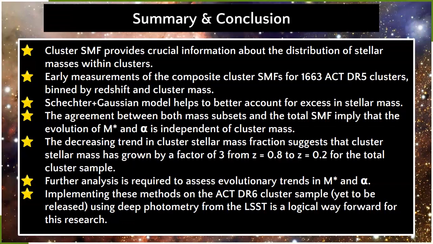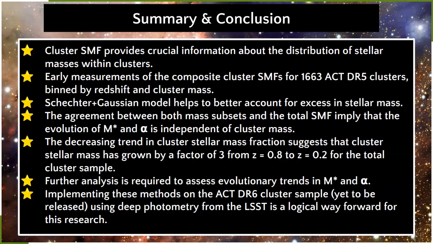Cluster mass subsets SMFs are consistent with the total SMF, which suggests that the evolution of M-star and alpha is independent of cluster mass. The decreasing trend observed in cluster stellar mass fractions suggests that cluster stellar mass has grown by a factor of 3 from redshift of 0.8 to 0.2 for the total cluster sample.